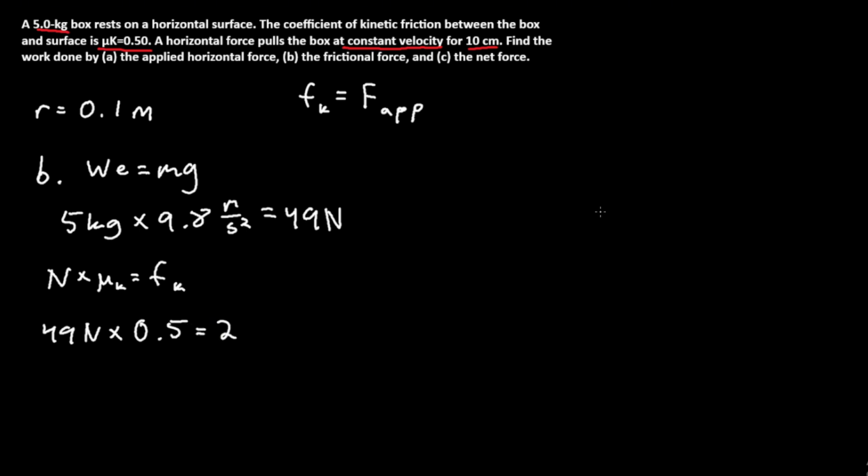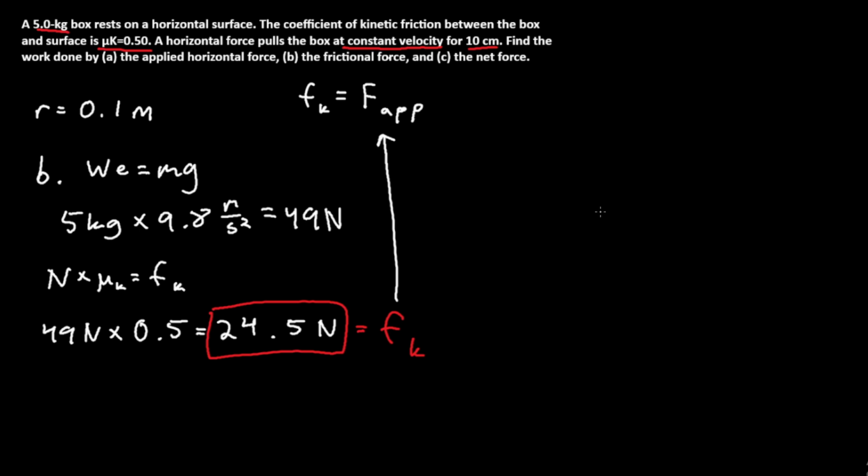Therefore, the frictional force is 24.5 newtons. If our kinetic frictional force is 24.5 newtons, then our applied force is also equal to the frictional force due to the constant velocity.